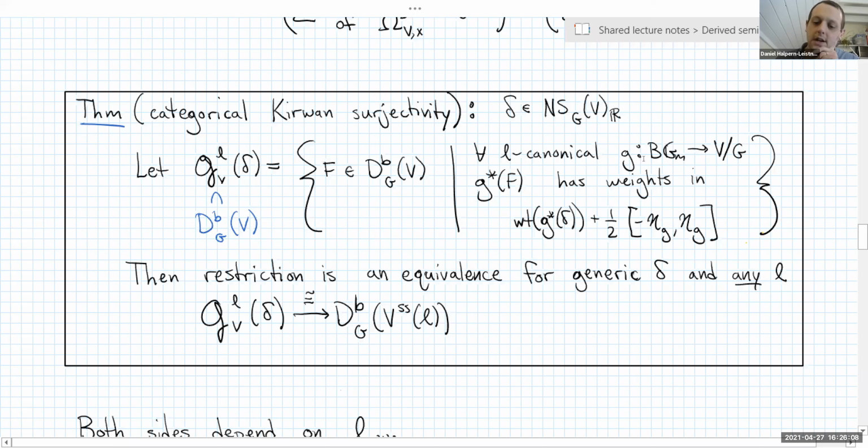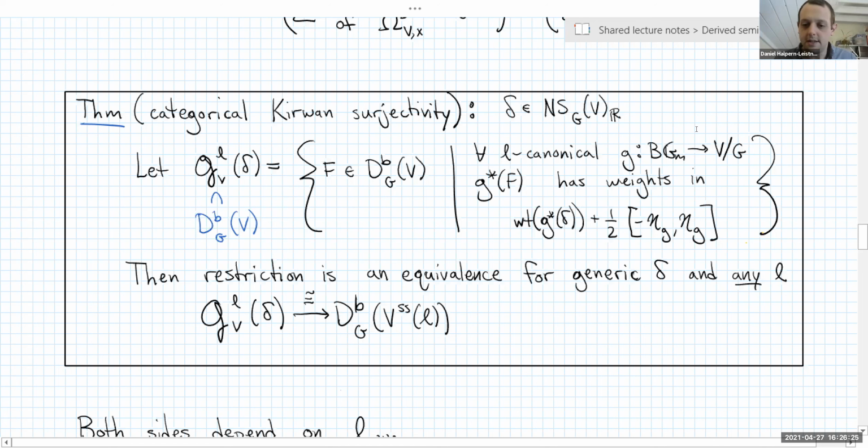For every L canonical graded point, I can pull back the complex to BGM, and then it is a direct sum of its weight pieces. And I want to say that the only non-vanishing weight summands lie in this interval.